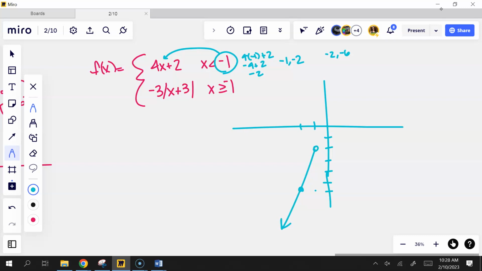Now when we look at the absolute value, the first thing I'm going to do, I'm going to still plug in the bound first. I'm going to find that cutoff point, okay? Because regardless, that cutoff point is going to be in there. So let's plug in and see what happens. At -1, what is my Y value? So -3, absolute value, -1 plus 3, whole thing.